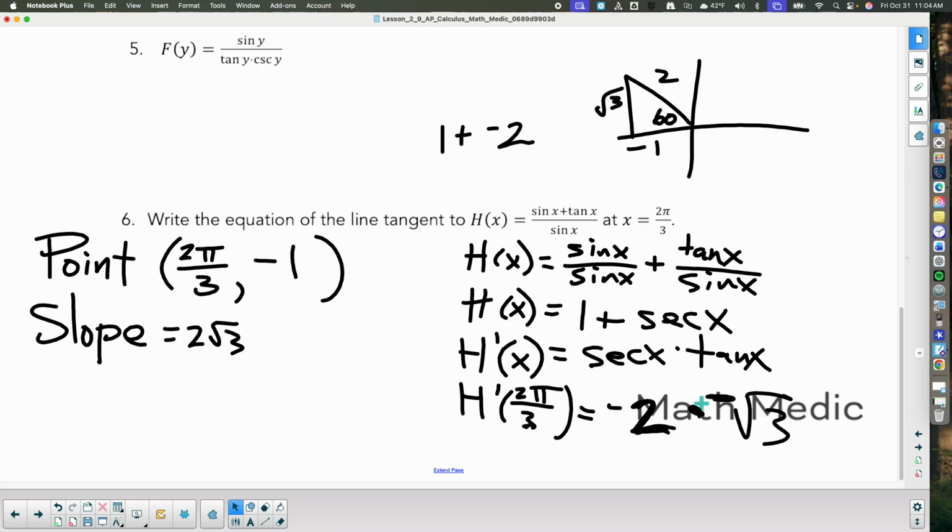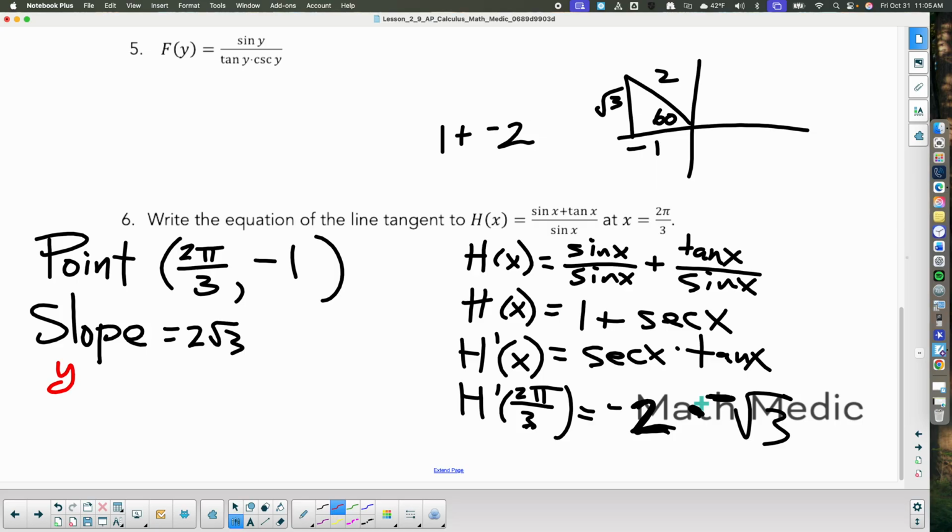Okay, and then we need a last person. Jamari, how do I write the equation of the tangent line? I can give some guidance if you want it. Yes? Okay, tangent line has, not has to, but we always will write it in point slope form.